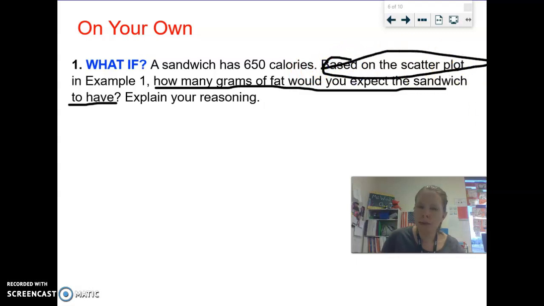So that doesn't mean that there's necessarily going to be a data point that has 650 calories. This one, they want you to take an estimate. So make a good educated guess on how much fat you think is going to be in a sandwich that has 650 calories.